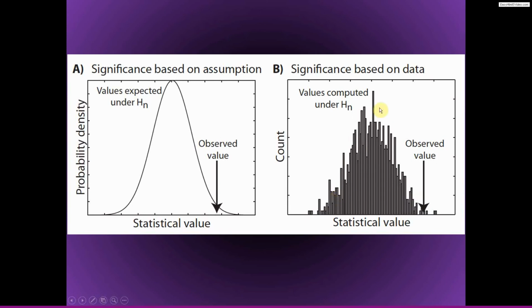So this is where the term permutation in permutation testing comes from, because you want to permute your data or shuffle your data in a way that creates a situation that could arise if the null hypothesis were true. And then you build an empirical distribution and compare your observed value to this. In the next lecture, we'll talk more specifically about how you go about creating this null hypothesis distribution.